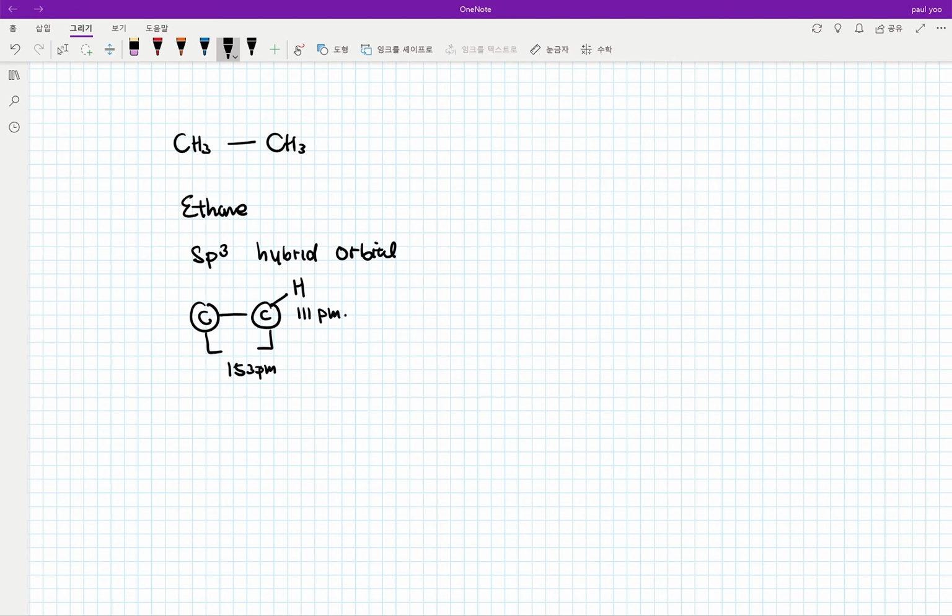And C double bond C with two H's, this molecule is named ethylene. It has sp2 hybrid orbitals and one unshared p orbital.